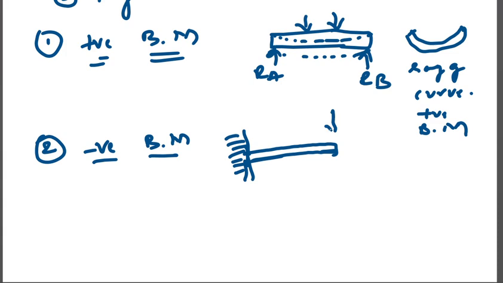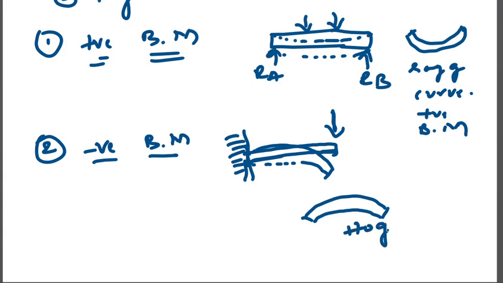When a concentrated load is applied at the free end, the deflection will be in this form. This curve is called a hogging curve, with concavity in the downward direction, and it is negative bending moment.